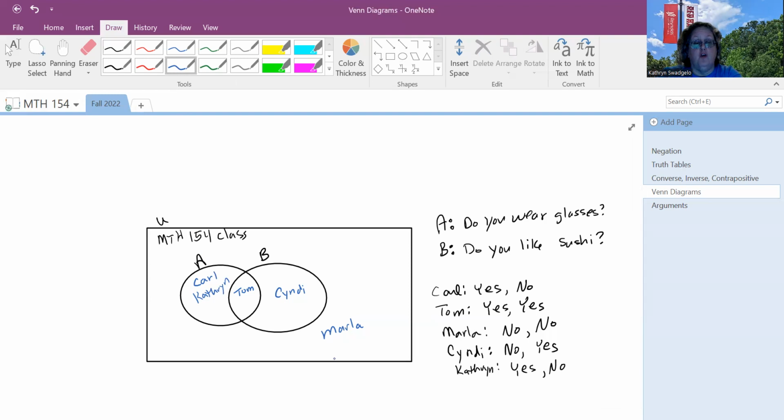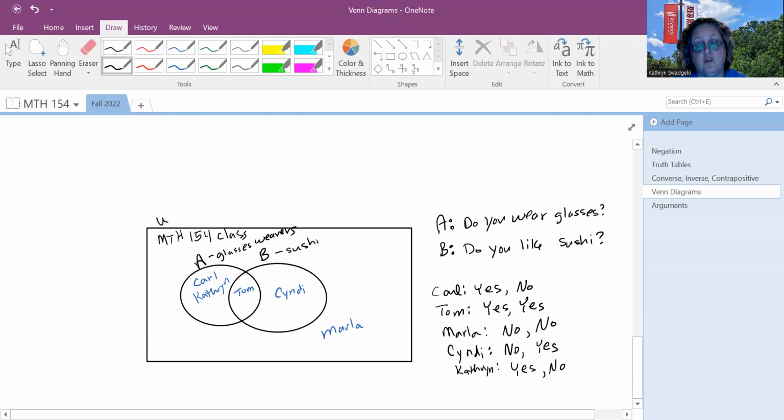Your universe is the whole 154 class, and your answers to your questions, which are yes or no, we'll put them in the set. My set A is glasses wearers, right? So my set A is glasses wearers. And my set B is sushi lovers. All right, so that's how that one's going to work.